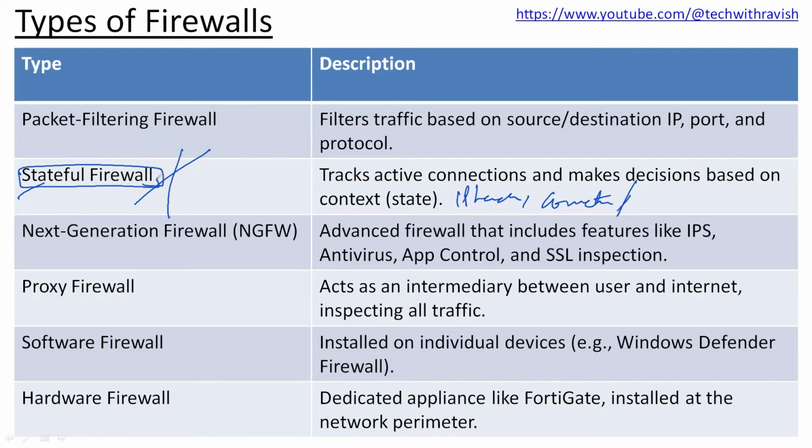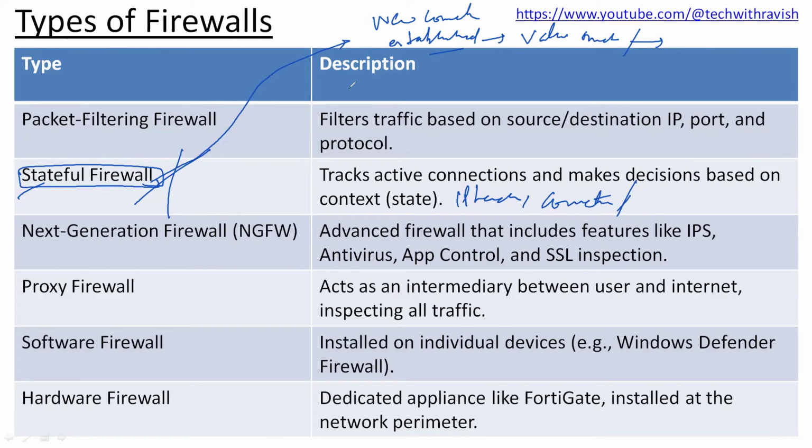So generally, what does the stateful firewall do? It tracks new connections. It also tracks established connections, whether the ongoing session is valid or not, and related activity like traffic related to the existing session, such as FTP data and control.